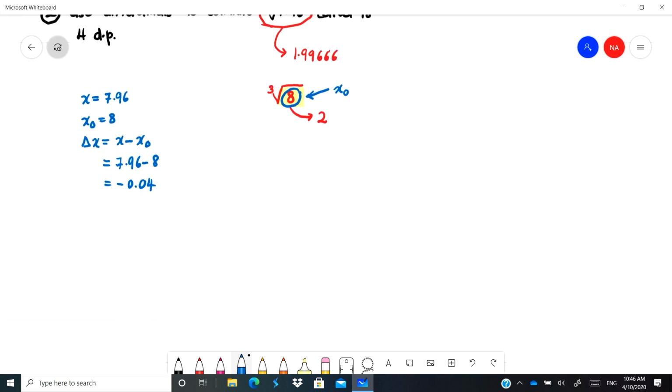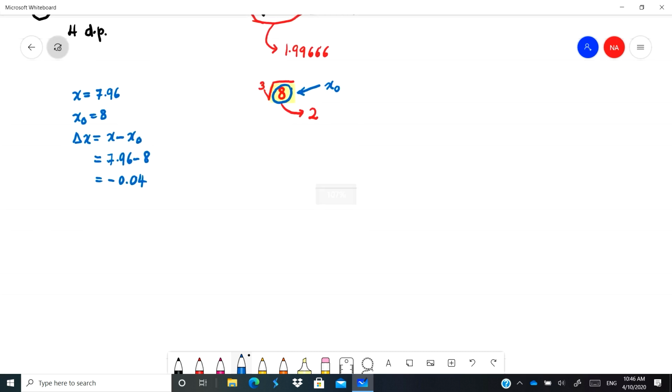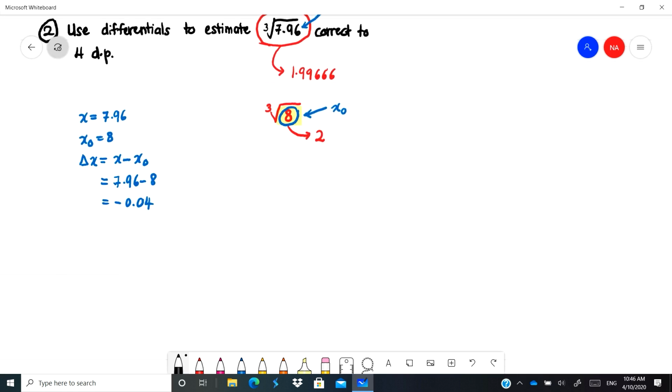From the formula we had at the beginning of the video, f(x0 + Δx) is equal to f(x).